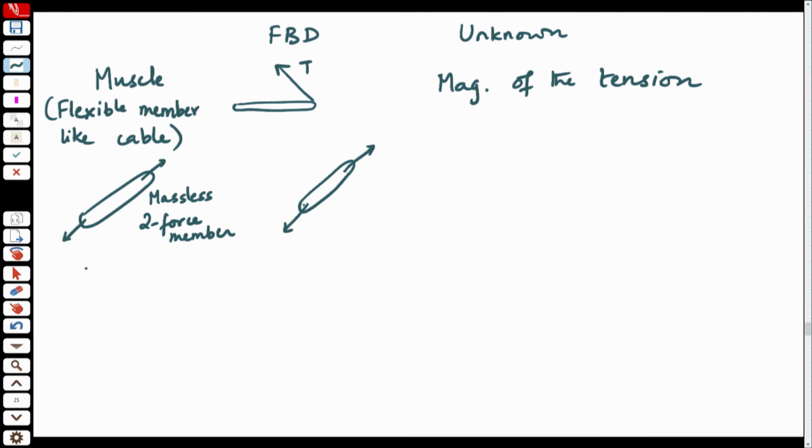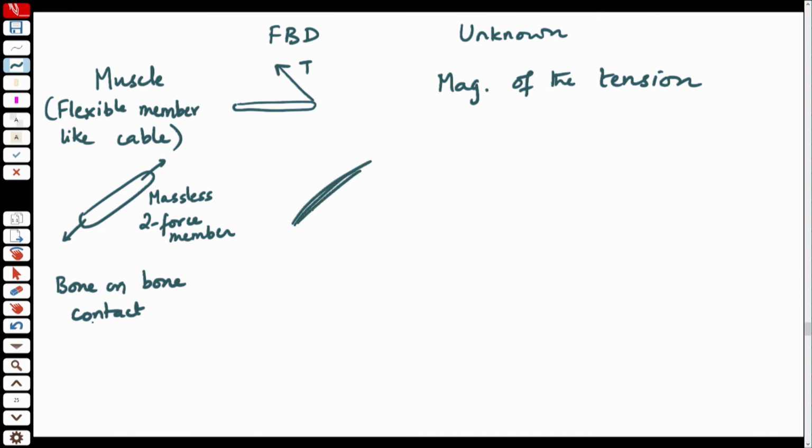So, the equivalent would be if you have bone on bone contact. Are we referring to this massless two force member as the muscle? Yes. So, the muscle would be, that is right.